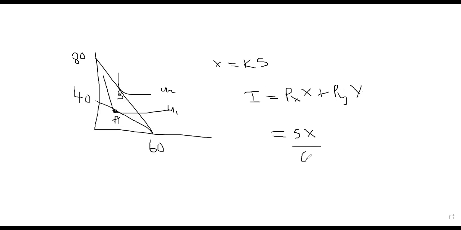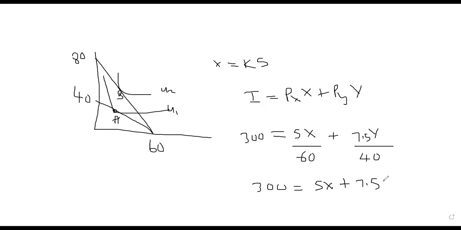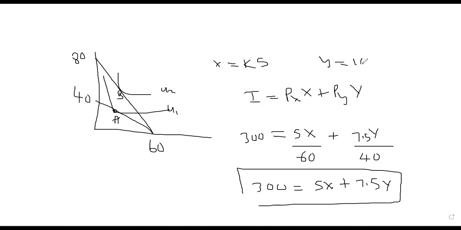That is cutting the X at 60. So multiply 5 times 60 to get 300. And it's also cutting the Y at 40. So to get the price of Y, we divide 300 by 40, we get 7.5. What is our budget line here? 300 is equal to 5x plus 7.5Y.